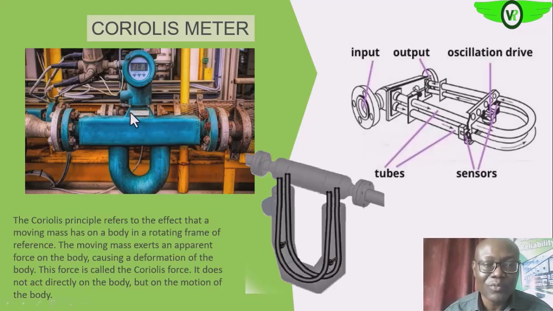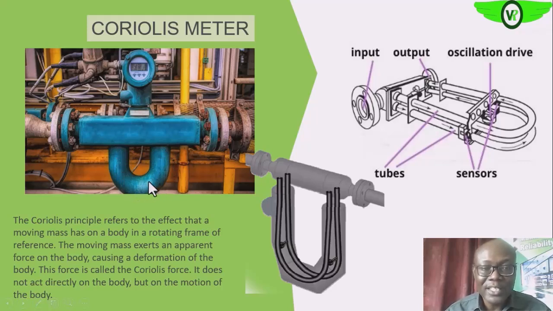The coriolis flow meter works with the coriolis principle, that is, the effect that a moving mass will have on a body in a rotating frame. If you look at this coriolis flow meter, it has a U section.